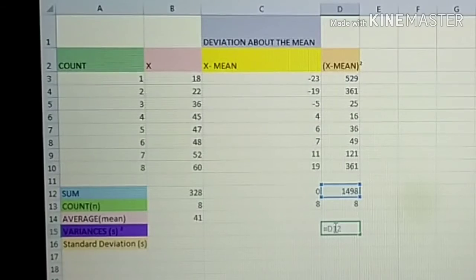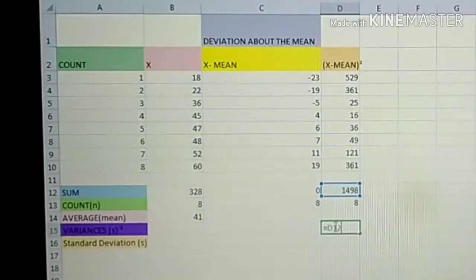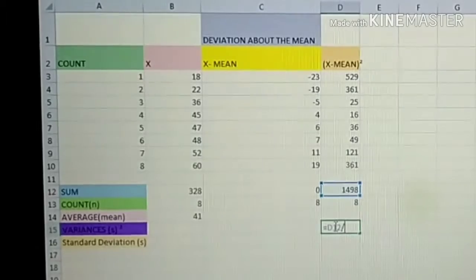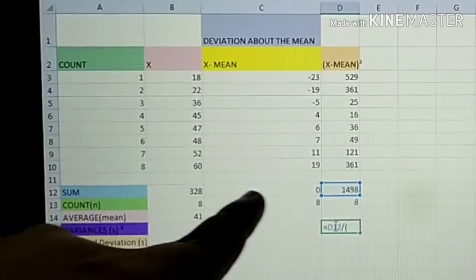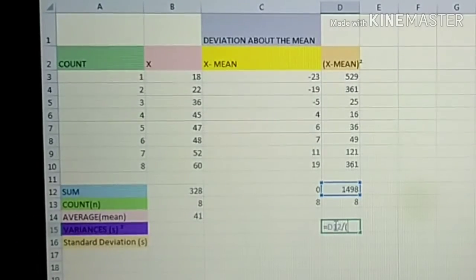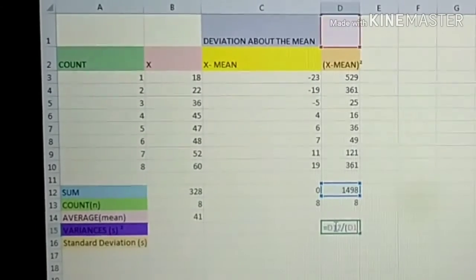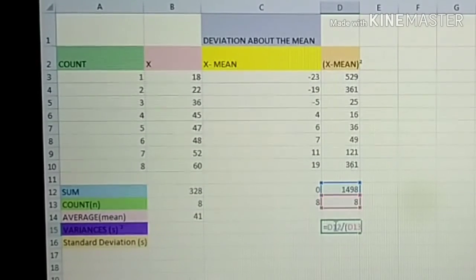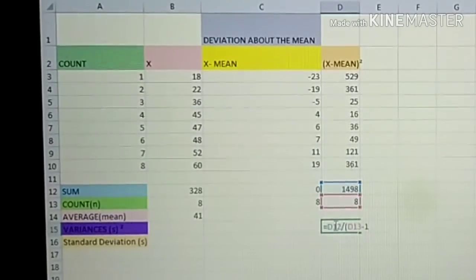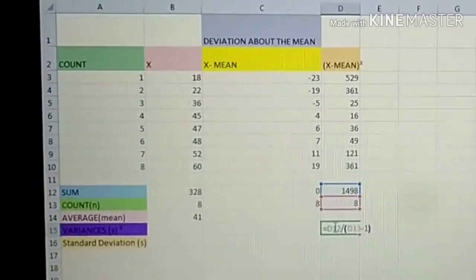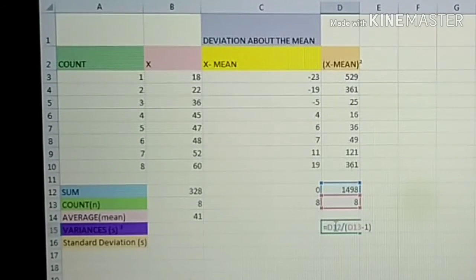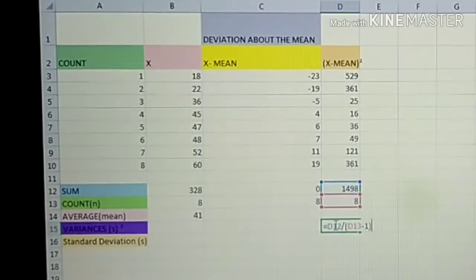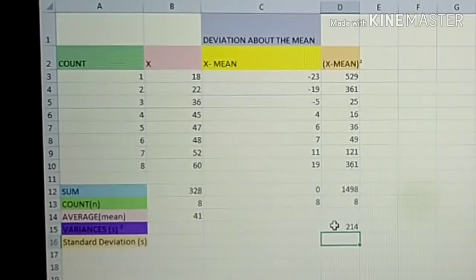Yan yun, diba? Nag-appear siya, 1498. Then, divided by, open parenthesis, then D13, minus 1. Then, close parenthesis. So, ayan yung formula natin para makuha yung variance sa Excel. Then, enter. So, 214.